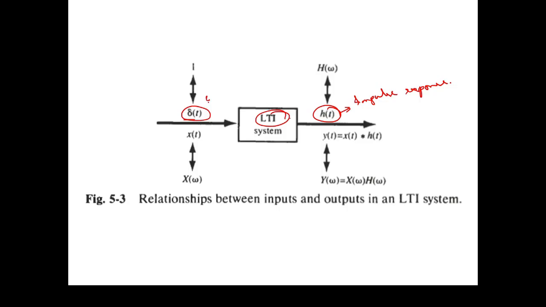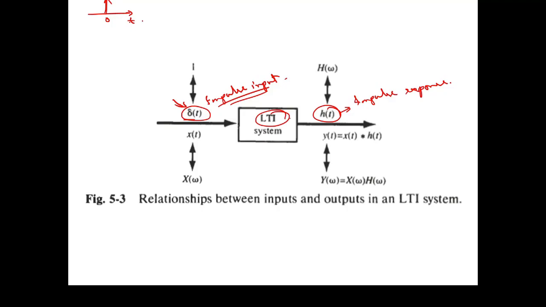Impulse input means we have already discussed delta t, that means at t0 we will be getting an impulse.